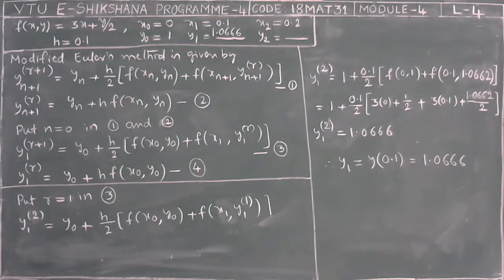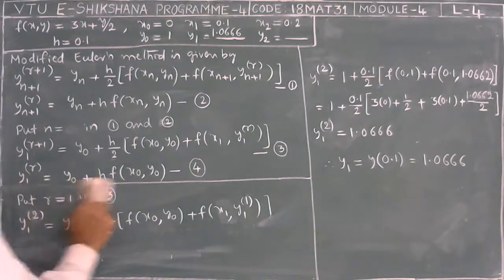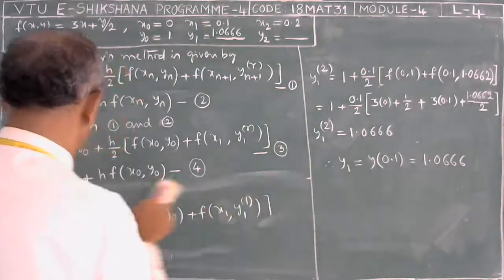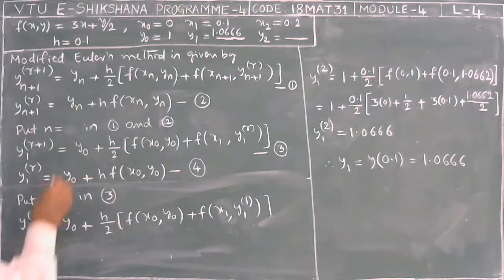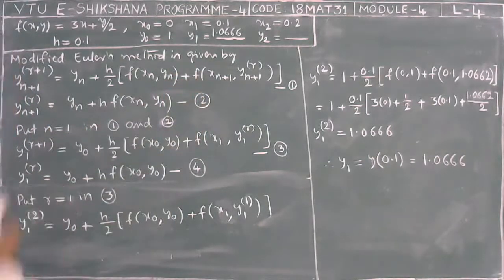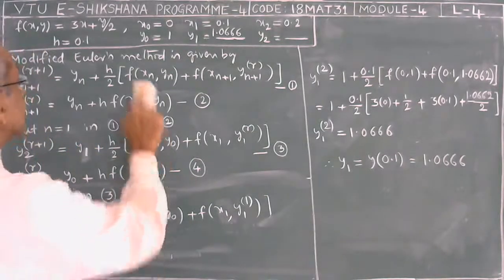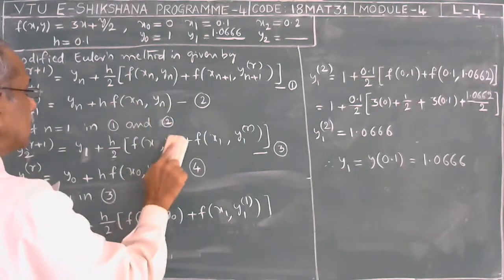So put n is equal to 1 in 1 and 2. So we get y2 r plus 1 is equal to, when n is 1, x2 comma y2r in terms of x1 comma y1.